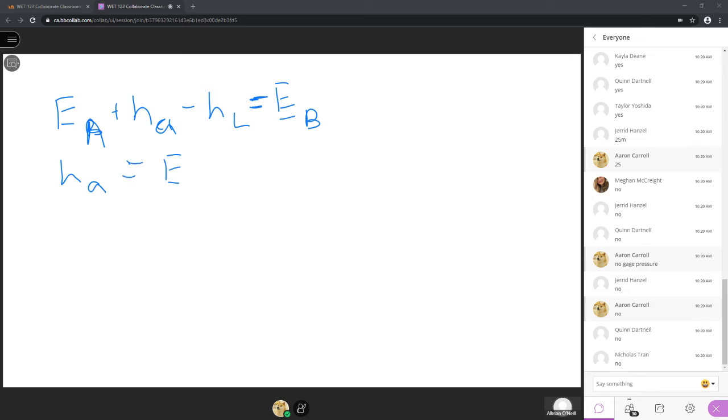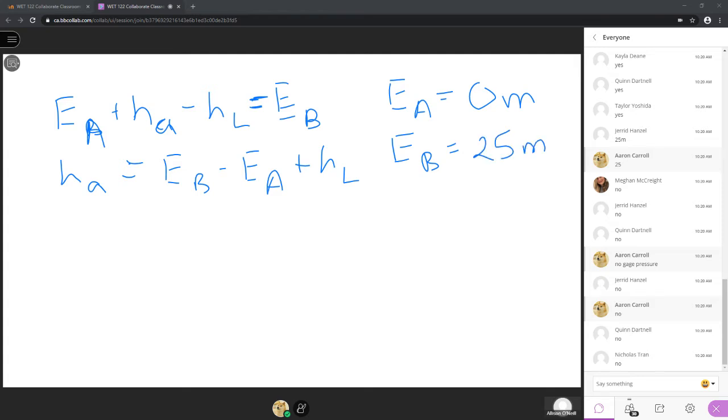It is going to be equal to our energy at B minus our energy at A plus our head losses. In our previous discussion, we decided that our system has 0 meters of head at the start and 25 meters of head at the end.